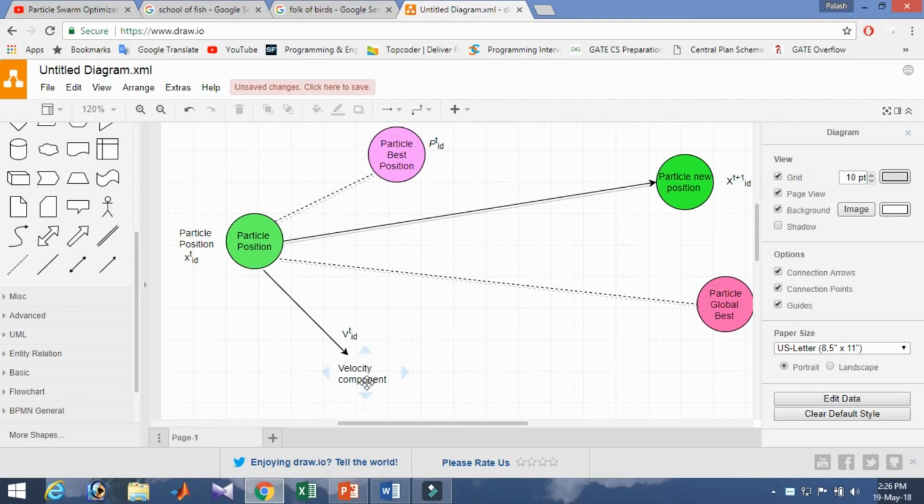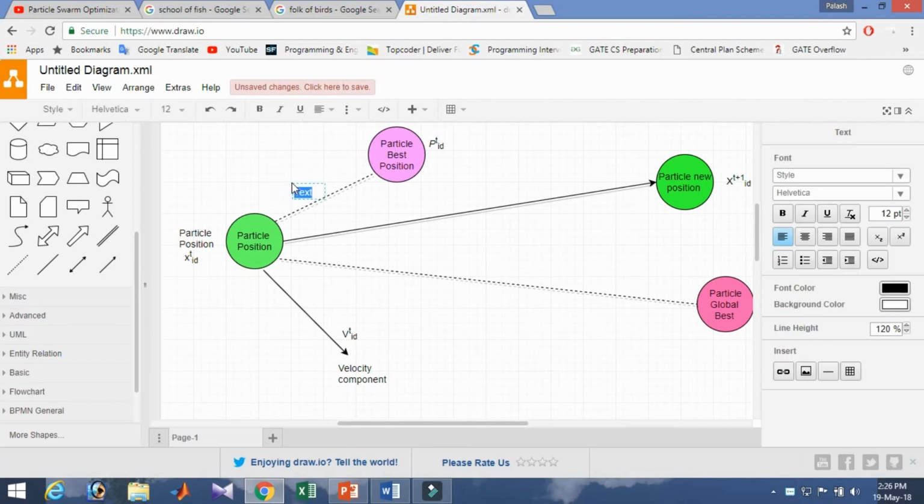So what happens first? We will calculate the vectors of all of these. So what will happen? This vector will be like that.